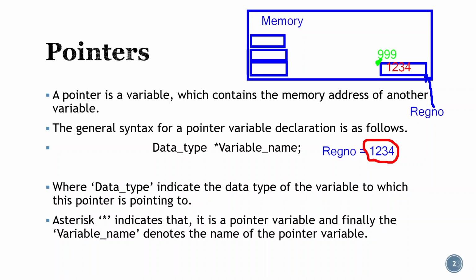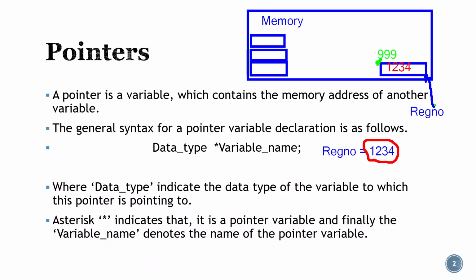Remember, 1234 is the value, and this is the address of that. This is the name that is given, so the name is like an alias. Instead of referring to that location as 999, which is its permanent address, you refer to it with a name called register number.